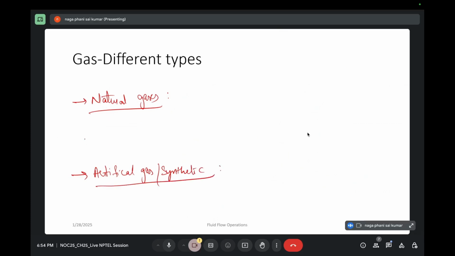Natural gases again have a sub-classification as well. We have elemental gases. Elemental gases are nothing but hydrogen, oxygen, nitrogen. They exist in their elemental form, right? All these gases come under elemental gases. Then we have compound gases.